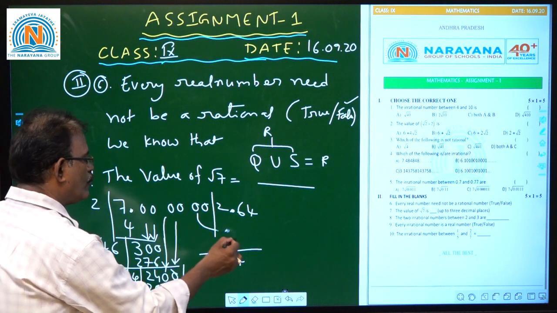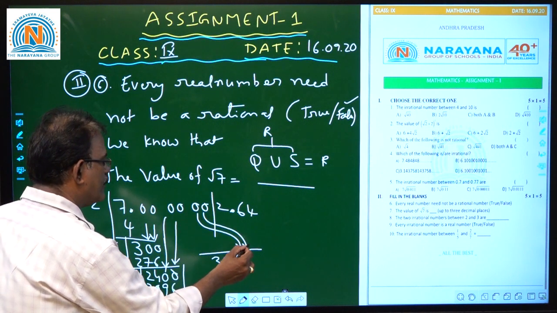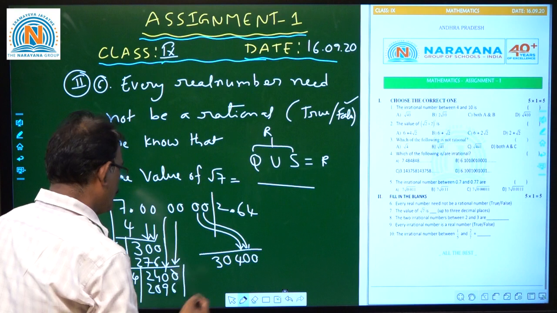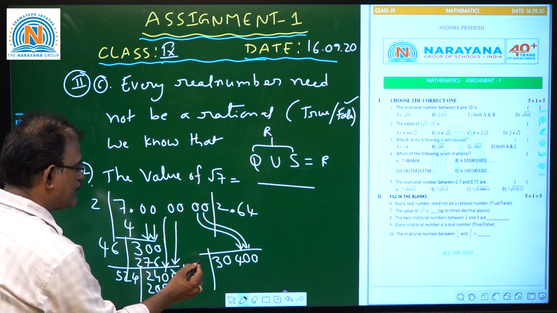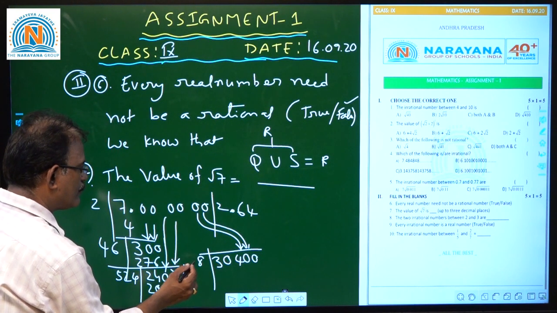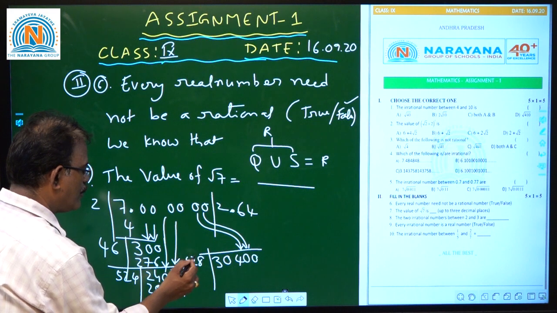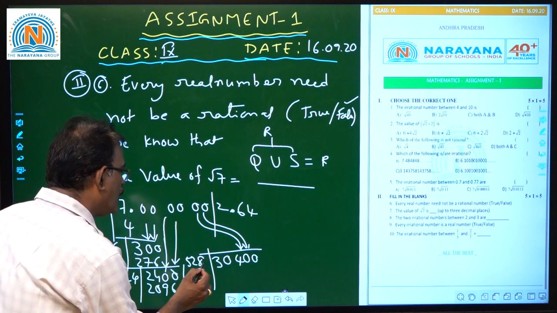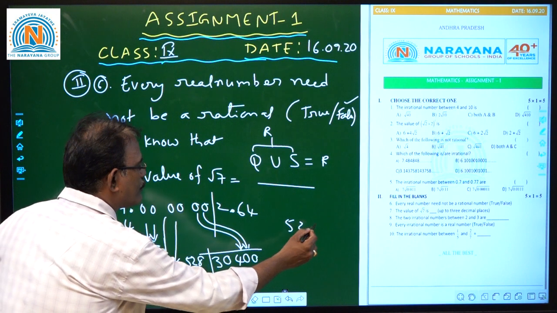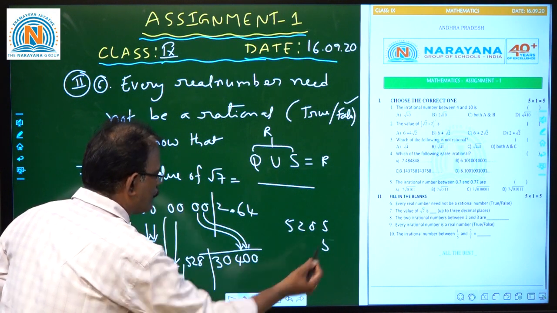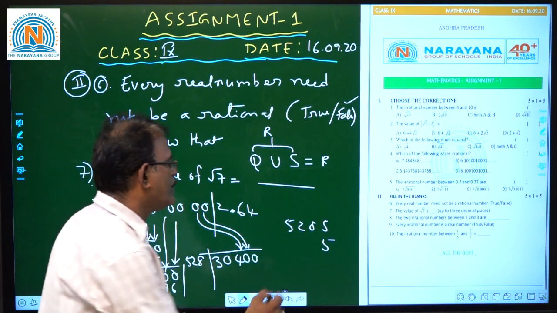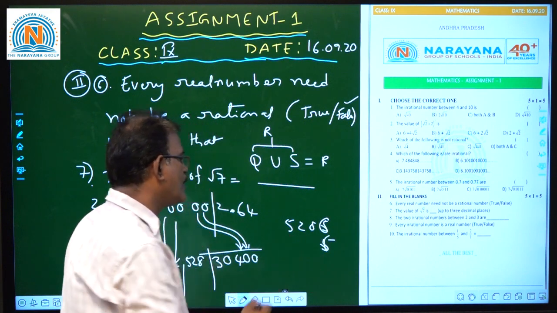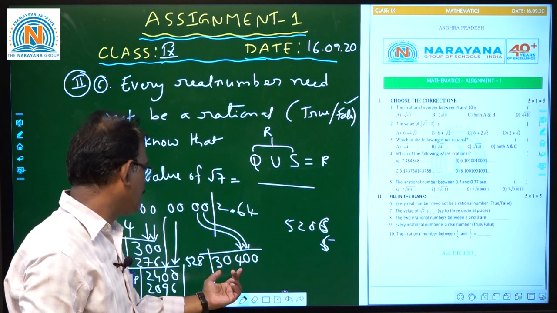Now if you bring down the 2 digits here, then again double the quotient, then this is 528. If you go through the 528 after 5 times, 5 5s are... If you take 6 times, 6 5s are 30 plus something.